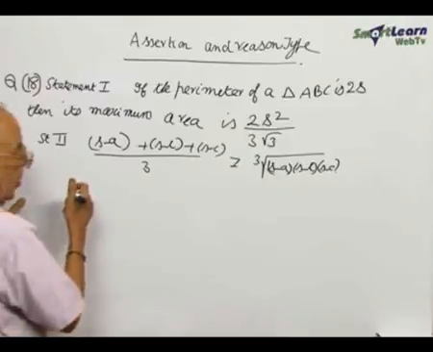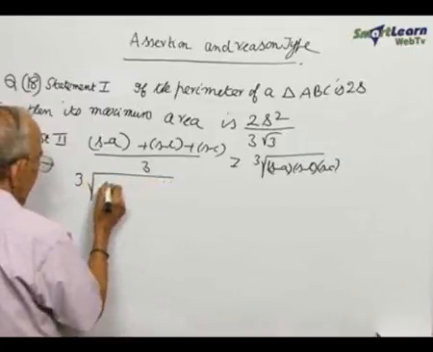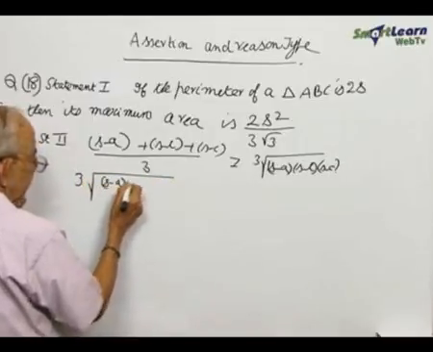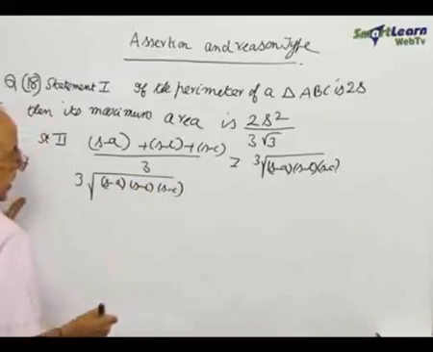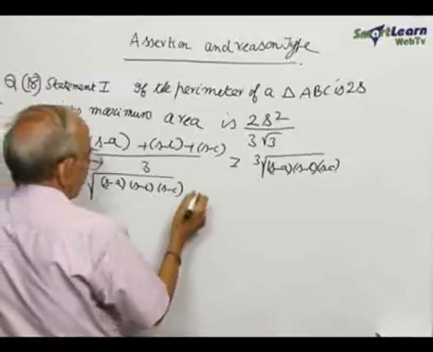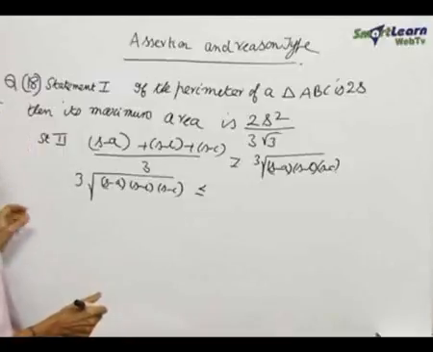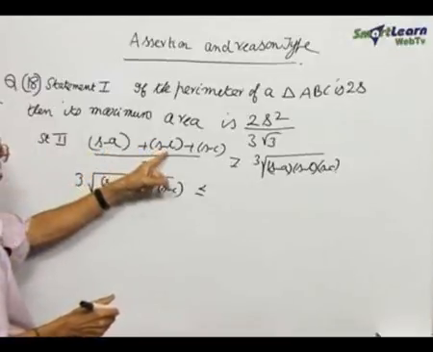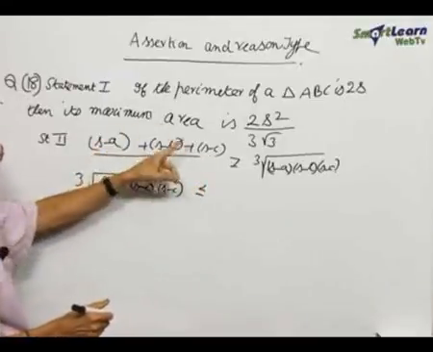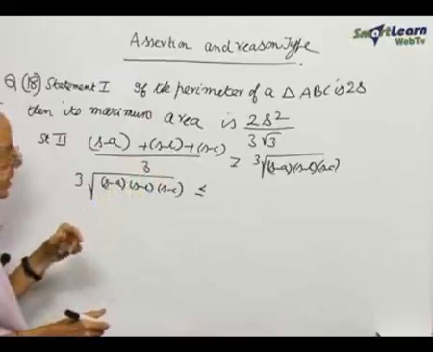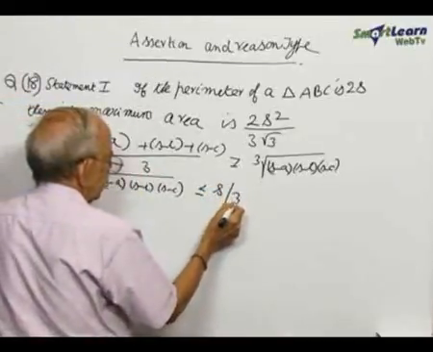Because of statement 2, I get cube root of (s minus a) into (s minus b) into (s minus c) less than or equal to (3s minus (a plus b plus c))/3, that is 3s minus 2s by 3, that is less than or equal to s by 3.